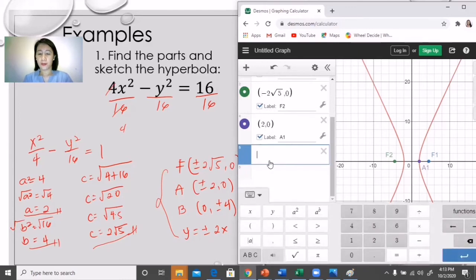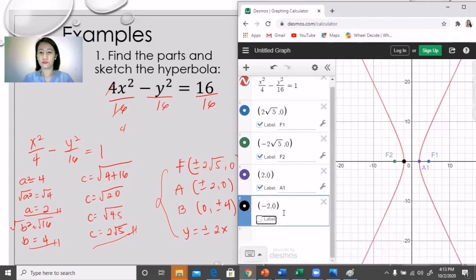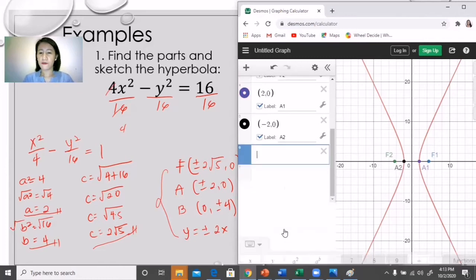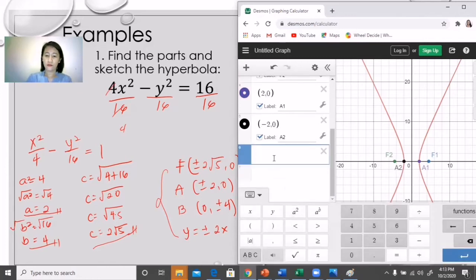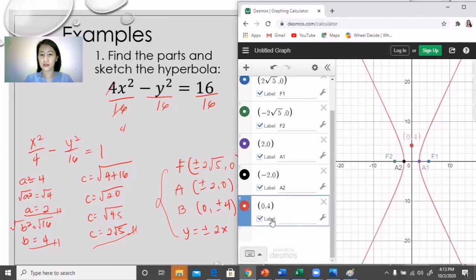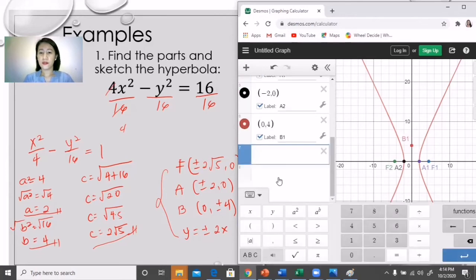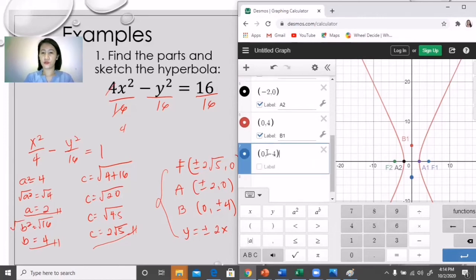And then negative 2, 0 for A2. And then we'll have B. So we have 0, positive, negative 4. So we start with positive 4. Let's have this as B1. And 0, negative 4 for B2.